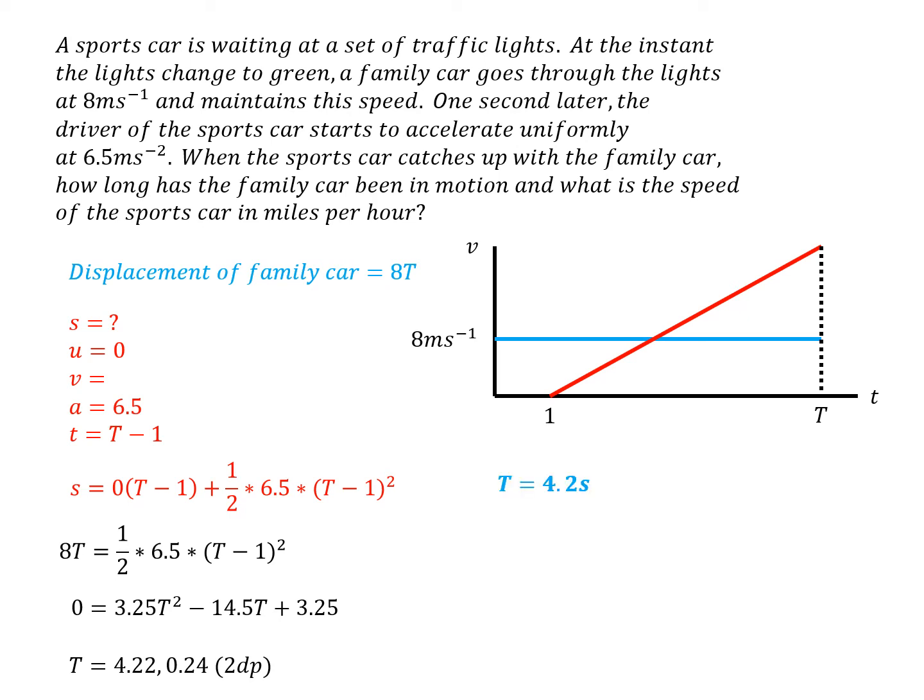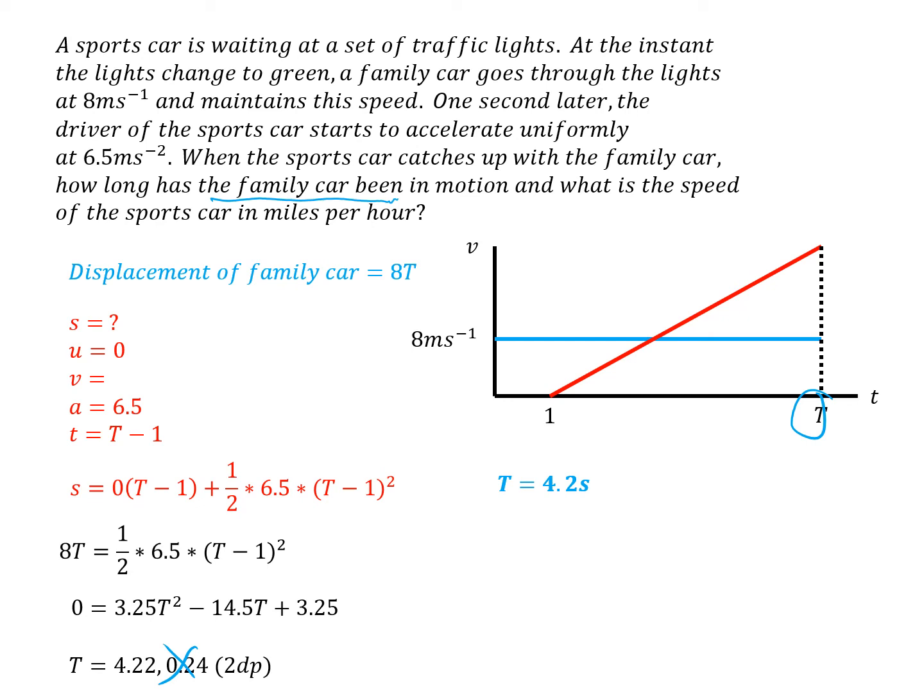So the answer to the question about the length of time the family car has been in motion is basically the value of t. That's what the value of t is, and so we can discount the 0.24 figure, and so the answer to that part of the question is 4.2 seconds.